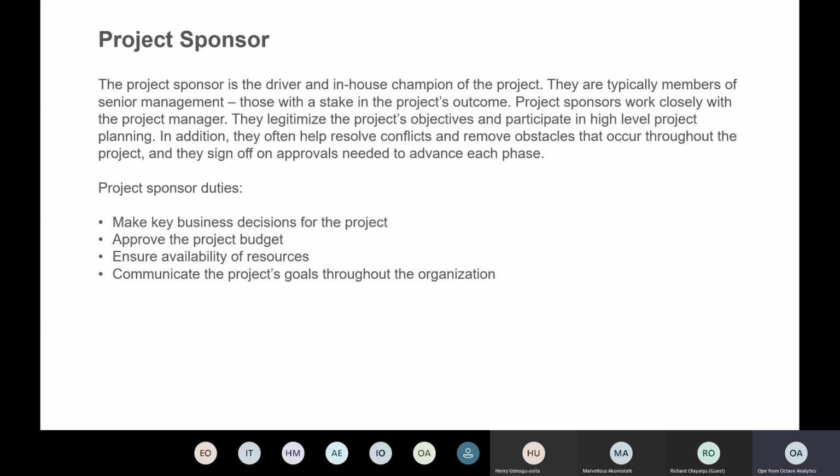Yeah, right. Then I've highlighted their duties here. They make key business decisions for the project. So they are not directly involved in the project, but because the project is like their baby, they are the ones championing the project. They help in making key business decisions for the project. Then they approve the project budget. Yes.